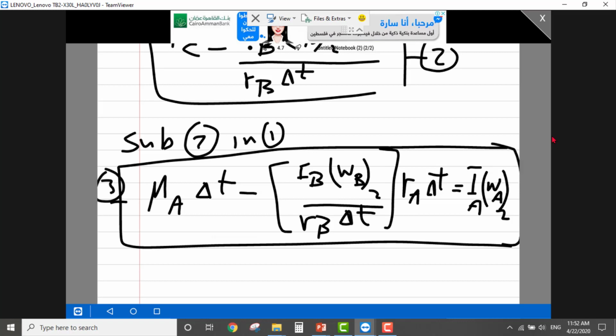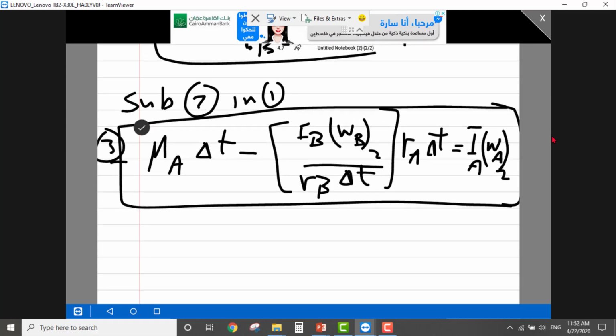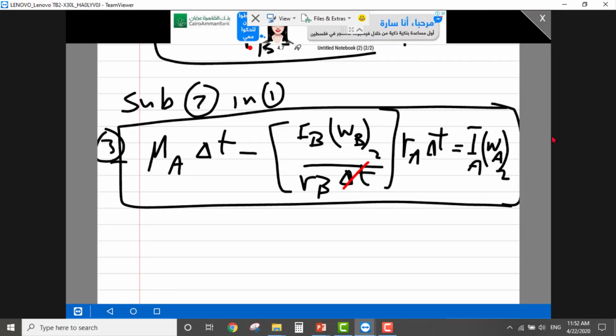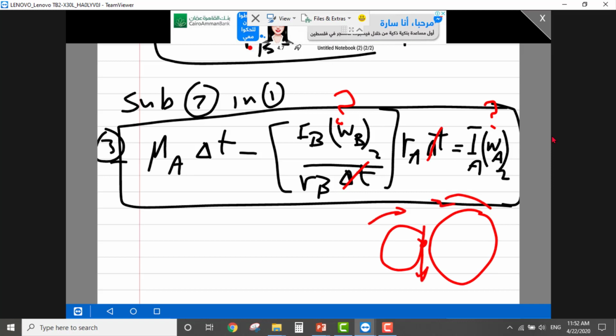Now in this equation, we have two unknowns, omega A and omega B. Of course, you can cancel out delta T with delta T. But you know very well, if we have two gears in mesh, then the point of contact has the same velocity. This point rotates in this direction and this in this direction, then this point will move in the same direction.